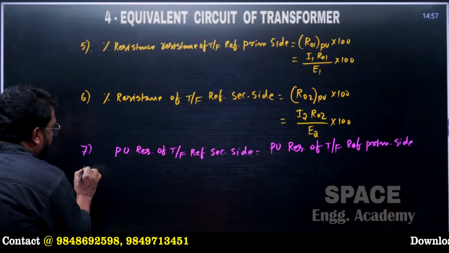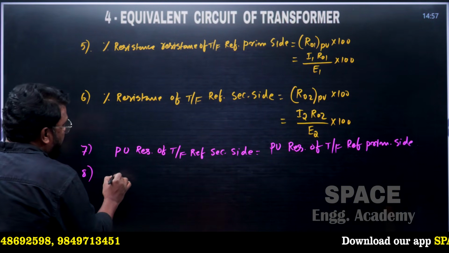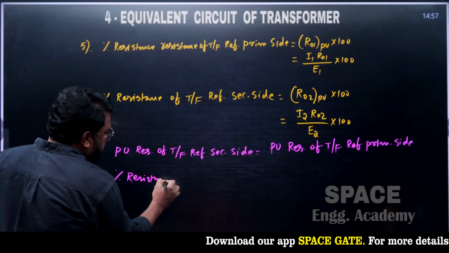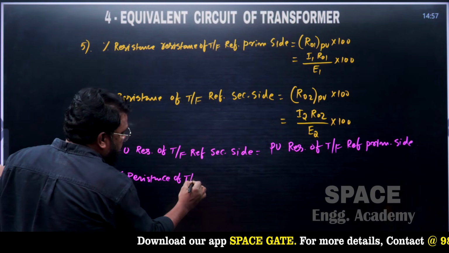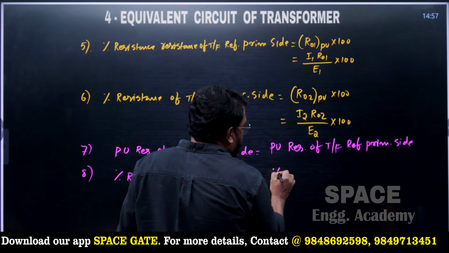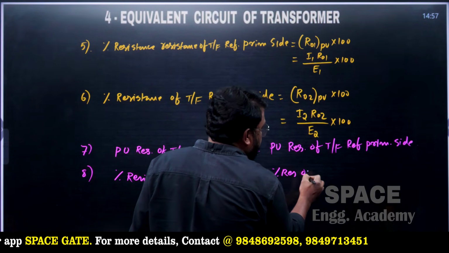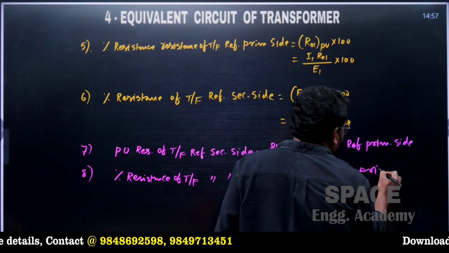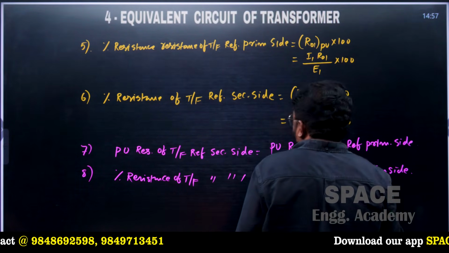And similarly, one more possibility of the question, percentage resistance of the transformer referred to secondary side is equal to percentage resistance of the transformer referred to primary side of the transformer. So this is also the same.